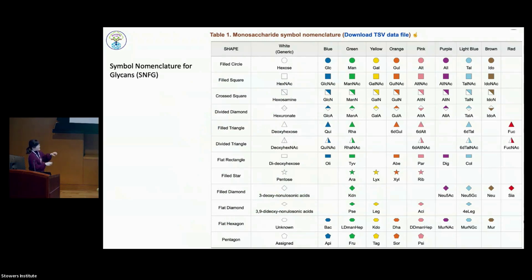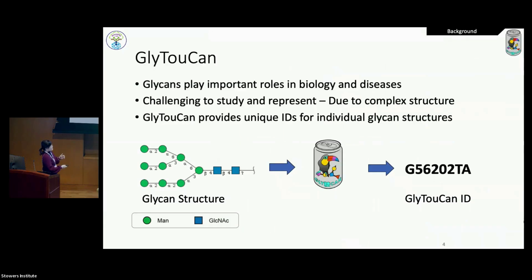It's the standardized table of monosaccharide symbols used to represent them. We use these as the basic building blocks, and these represent all the mammalian monosaccharides. And there are rules for displaying and representing non-mammalian monosaccharides, like those found in bacteria.